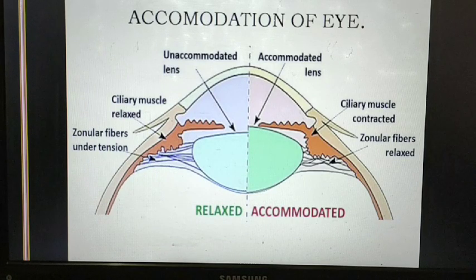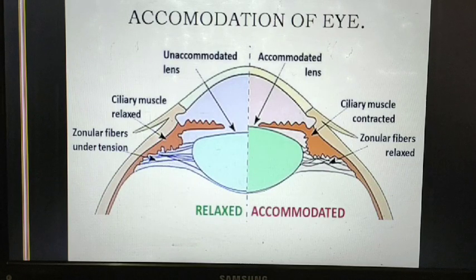When the ciliary muscles contract, the tension in the suspensory ligaments, which you can see here, is reduced, and this causes the lens to bulge, so the lens becomes thicker and has a short focal length.